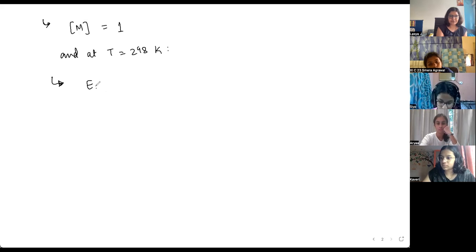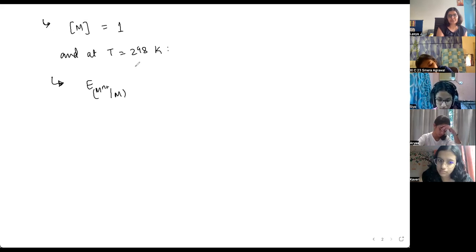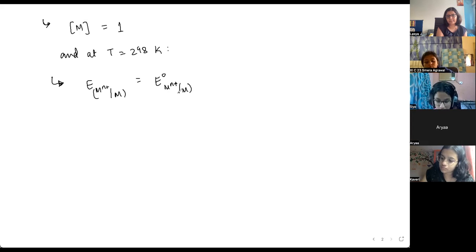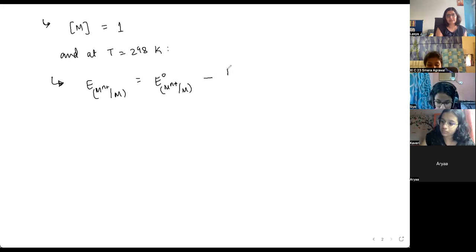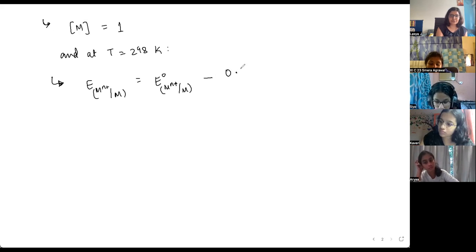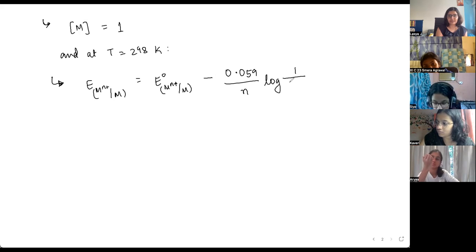The electrode potential, or reduction potential, for any metal will be equal to the standard reduction potential minus, with R and T, all of that constant, the number you get is 0.059 upon n times log of 1 upon M n+.